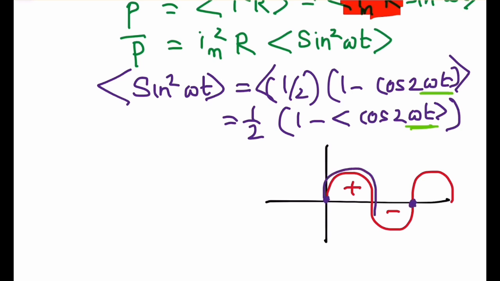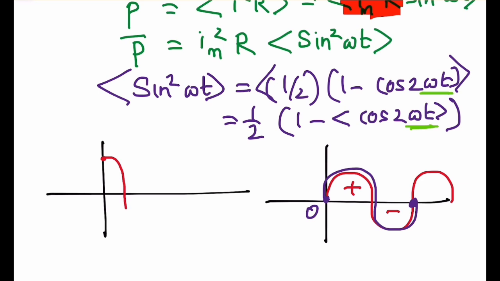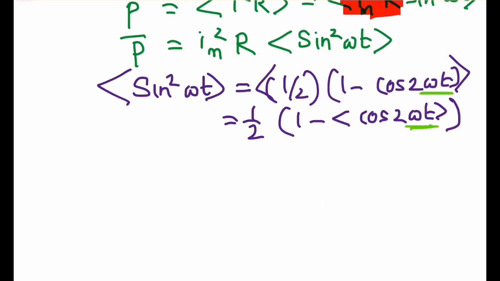This is a sine wave which starts at the origin. If you take the cos wave, it starts like this because cos 0 is 1. Even then, half cycle positive, half cycle negative, on an average this will also become 0. That means this second part will become 0.